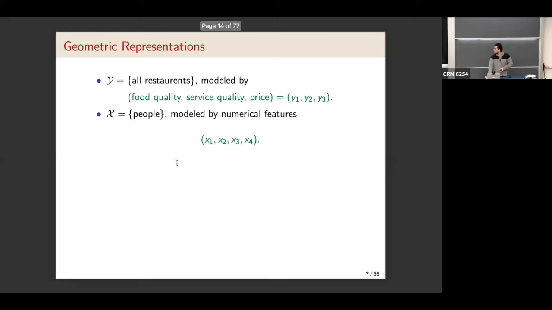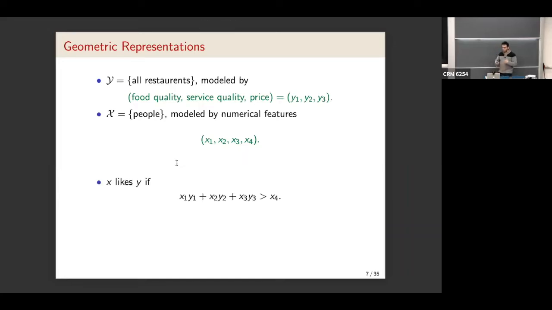And now people have different preferences, right? So some person might care more about food quality, some about price, some about service quality. So let's also model people by these 4 numerical features, where x1 to x3 tell us how much weight they put on each of these features, like food quality, service quality, and price. And x4 is some sort of a threshold.